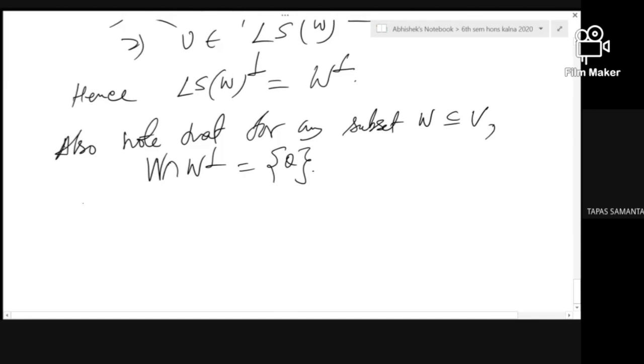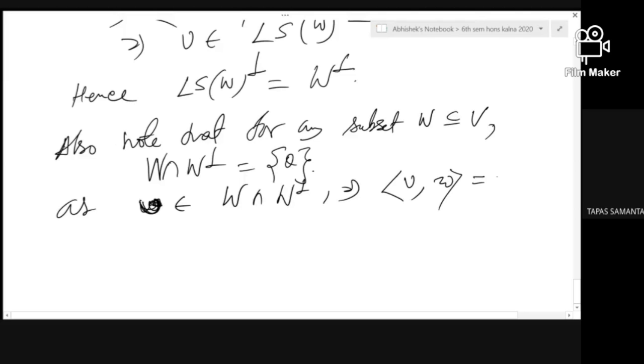Because V belonging to W intersection W perp implies that the inner product of V, W equals 0 for all W belonging to capital W.